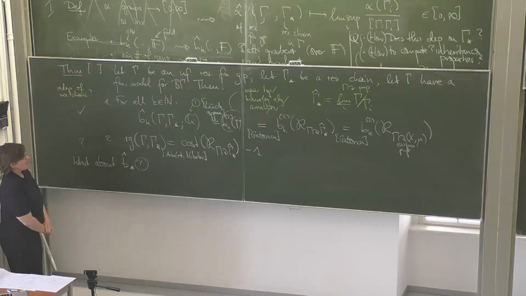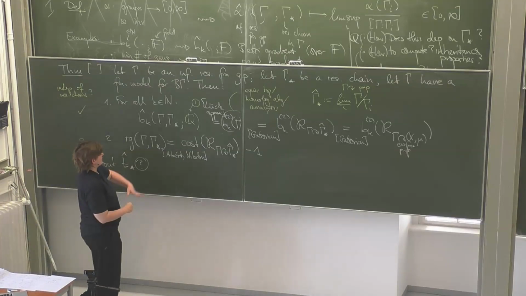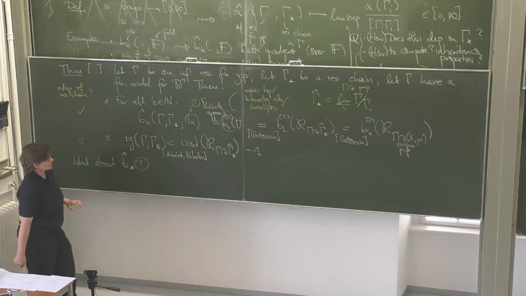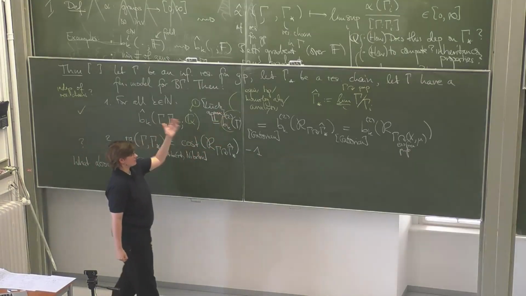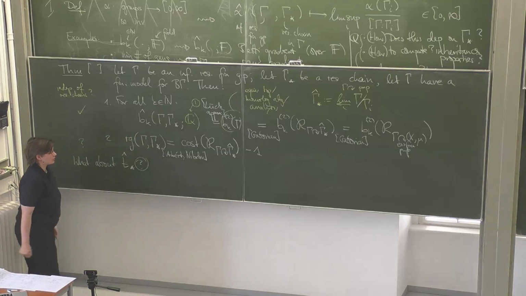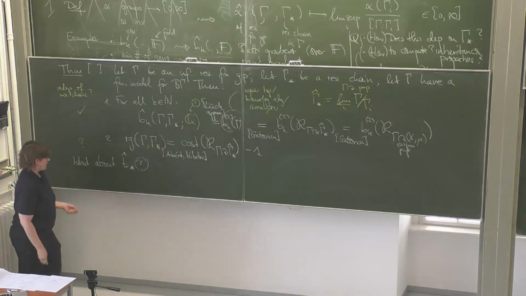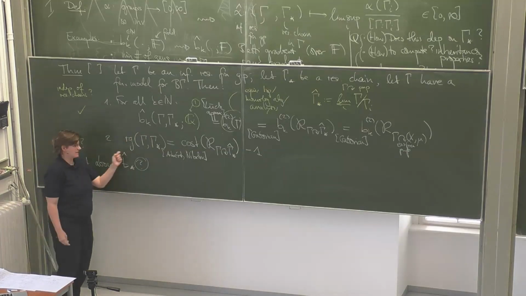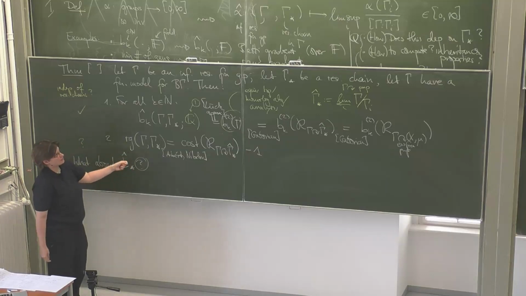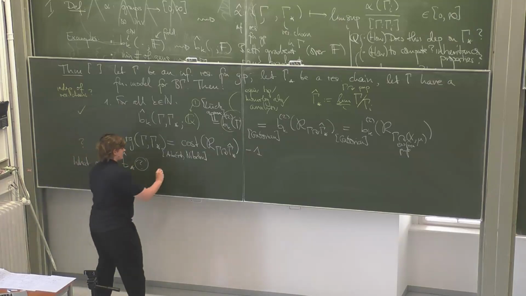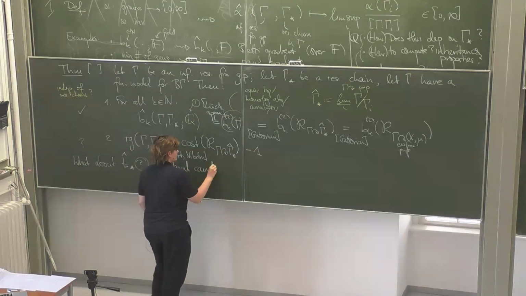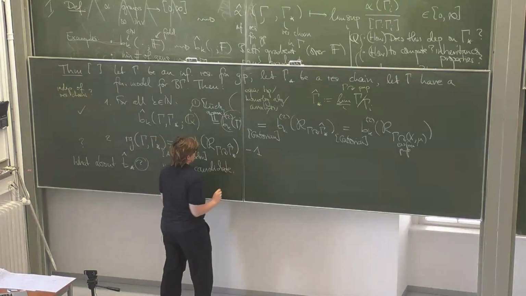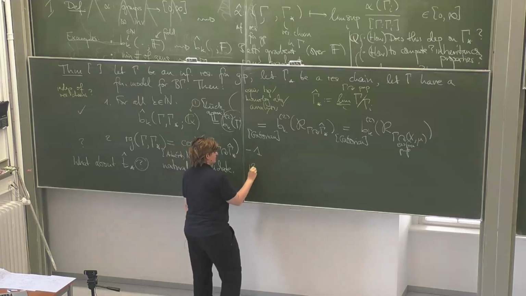Okay, so maybe if we go back to the L2 Betti number case, there are the L2 Betti numbers that somehow make this translation work, and now there's an obvious candidate, basically, for this log torsion thing, and the natural candidate is something like the L2 torsion.